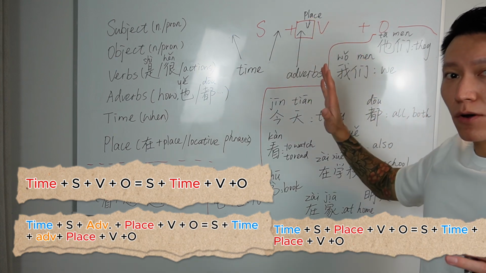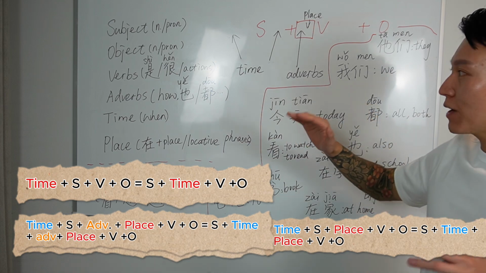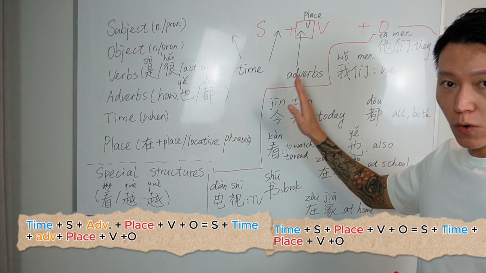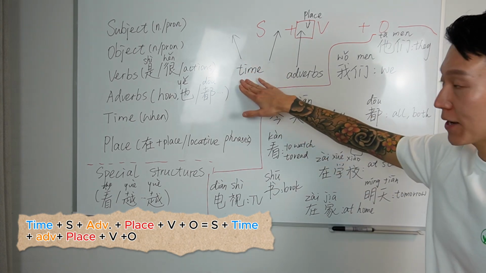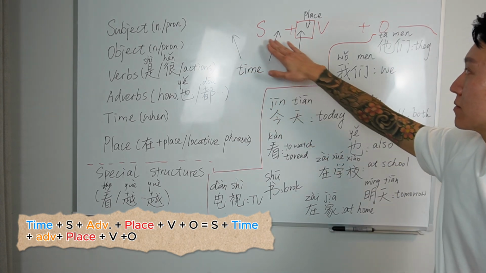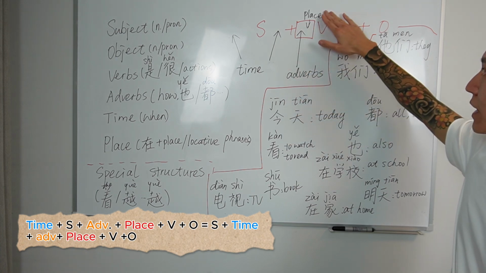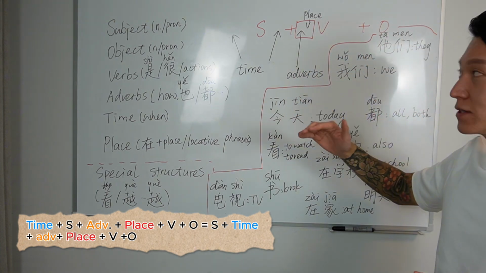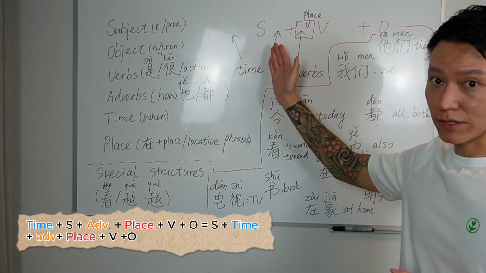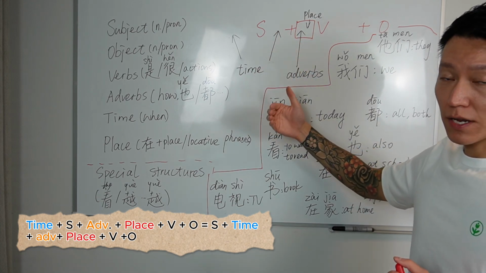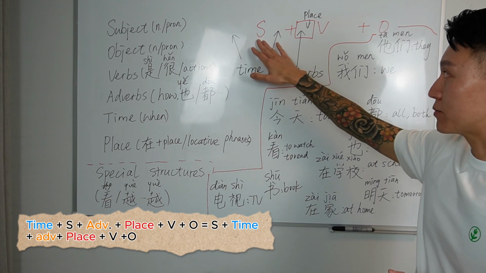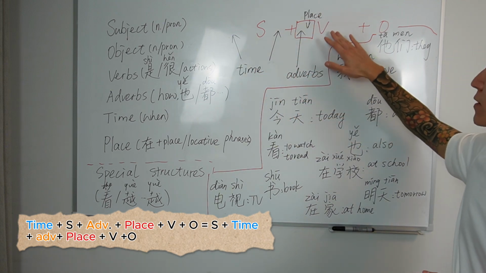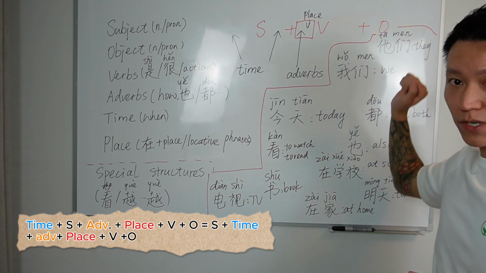So let's suppose in a sentence you have all these 6 elements, then the sentence order should be time, subject, adverb, place, verb, object. Or, since we can put time also after the subject, the sentence order can also be subject, time, adverb, place, verb, object.